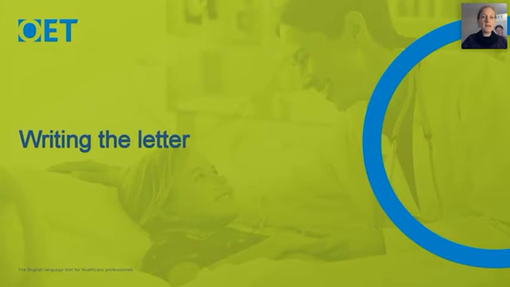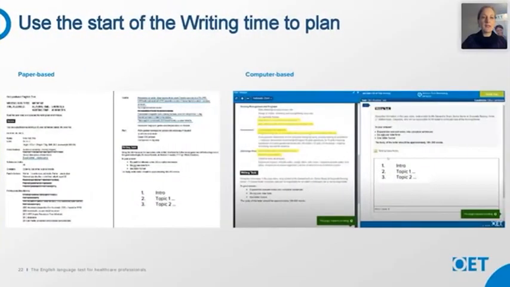So once your writing time starts, it's a really good idea to capitalize on the 5 minutes you've just had by going through the case notes one more time, crossing out anything irrelevant and doing a rough plan using the themes from the remaining information so you feel you have a clear roadmap for your letter before you start writing it. Again, there are some examples on the screen about how you can do this for both paper-based and computer-based OET.